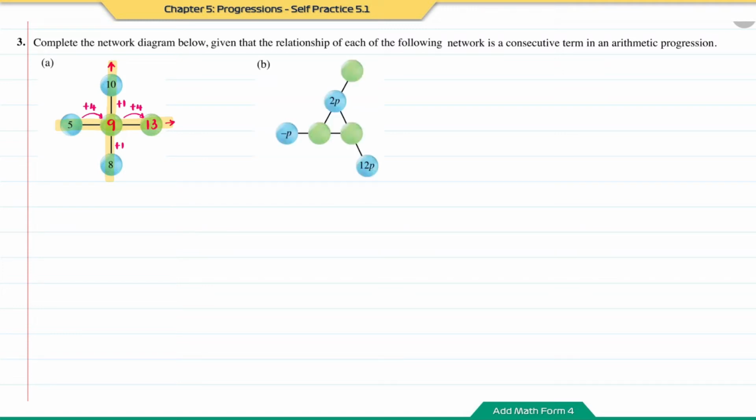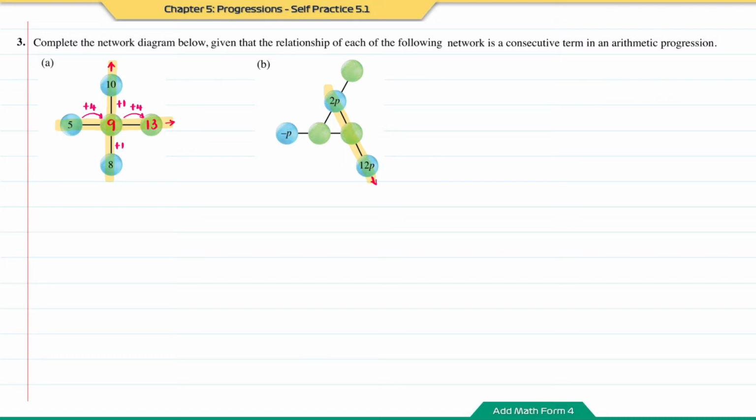Questions B. So I'm going to start from here. Now, if you look at this sequence, from 2p to 12p, this is getting bigger. So the difference over the two steps is 10p.